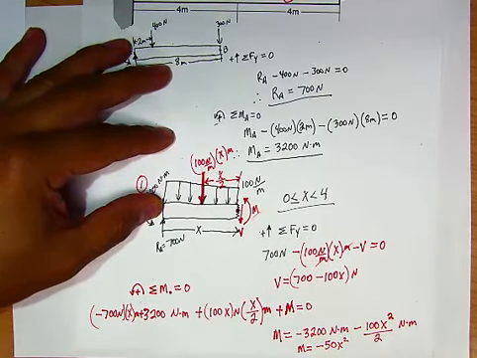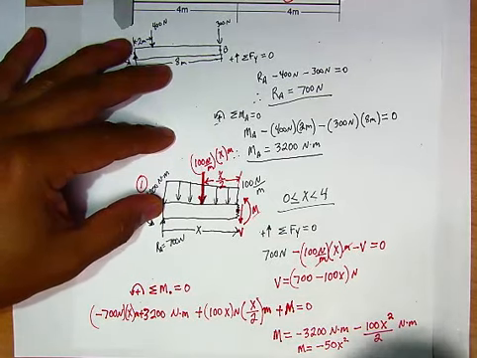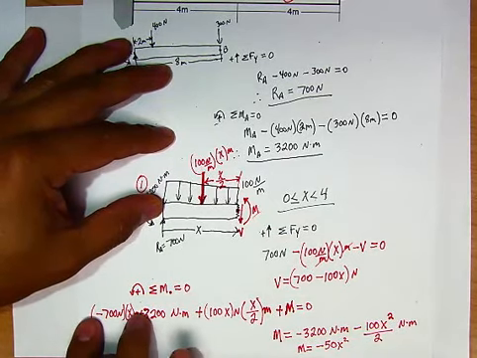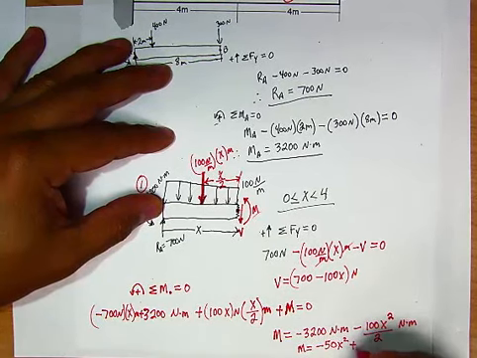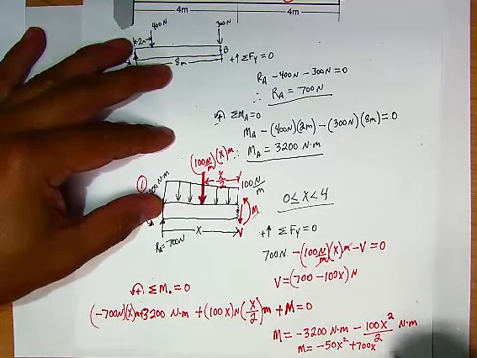There you go. So this is what we are missing right here. And of course, this negative 700x, when it goes to the right side of the equation, becomes positive 700x. And last but not least, our negative 3200 that we were missing.